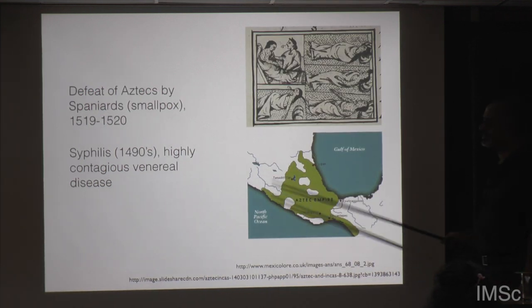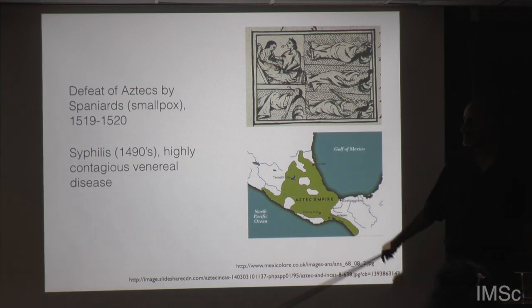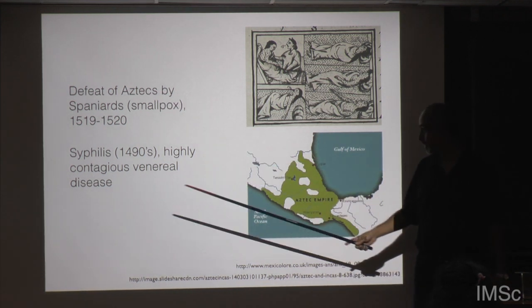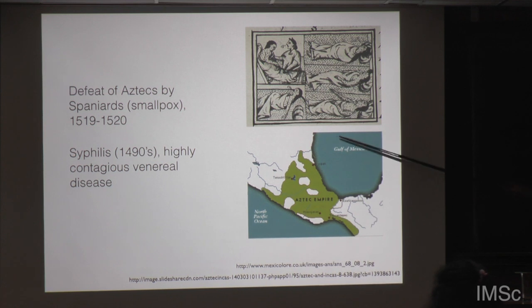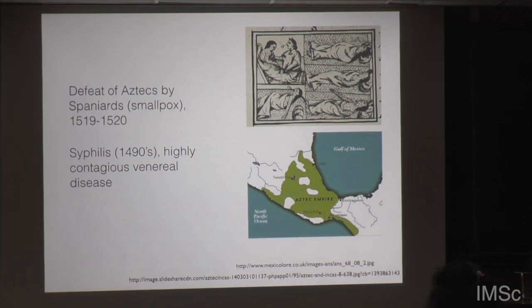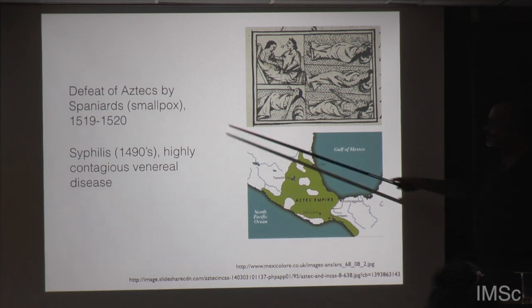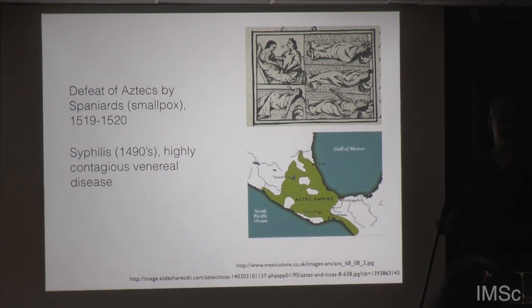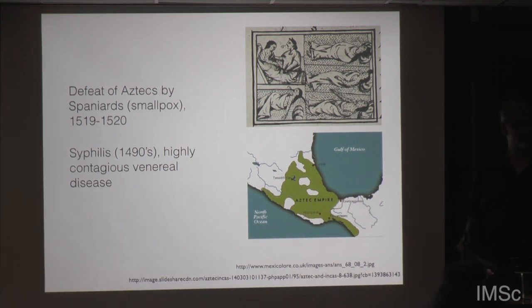So people have also weaponized diseases. For example, the conquest of the Aztecs, a community in the part of the Americas between the US and mainland South America, was really made easy by the fact that the Spanish invaders who came brought smallpox with them.